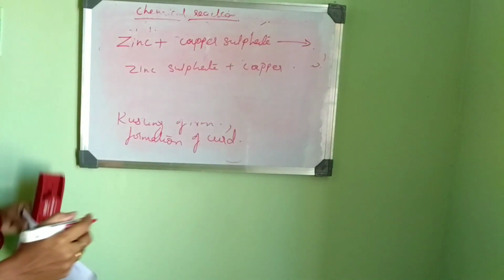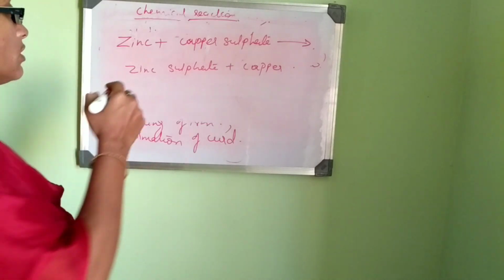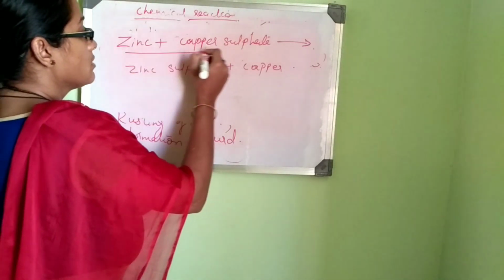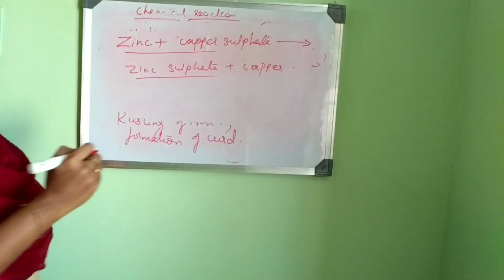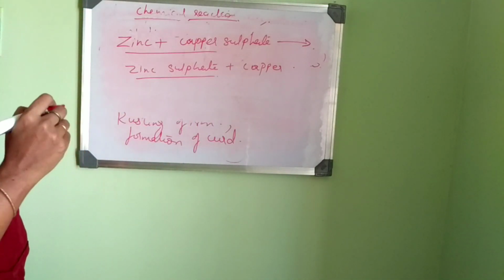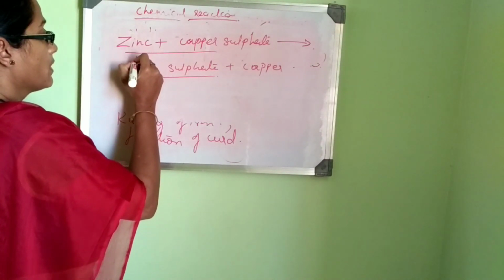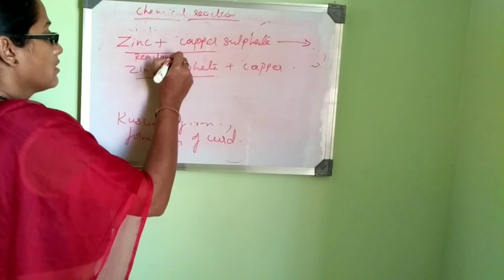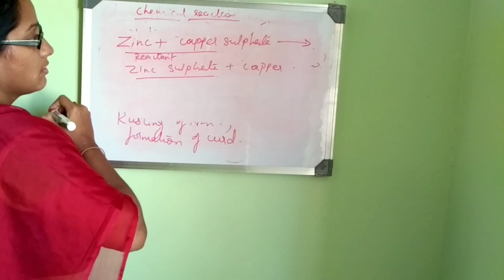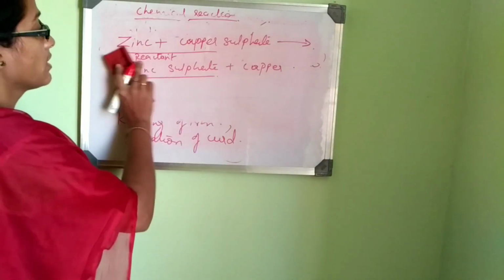To know a chemical reaction, we need to know that there are two different types of mentioning the reaction. One is the reactant. I'll write it a little bit small for your better understanding.